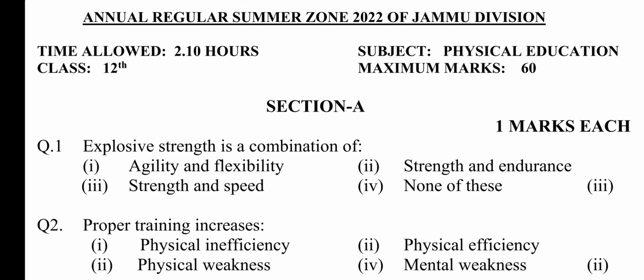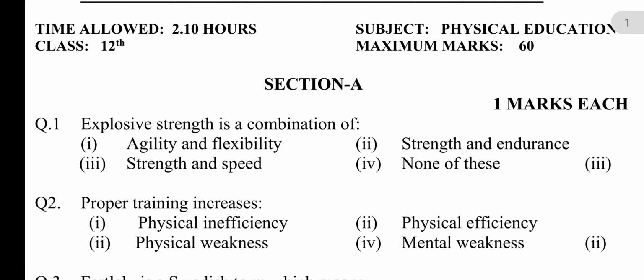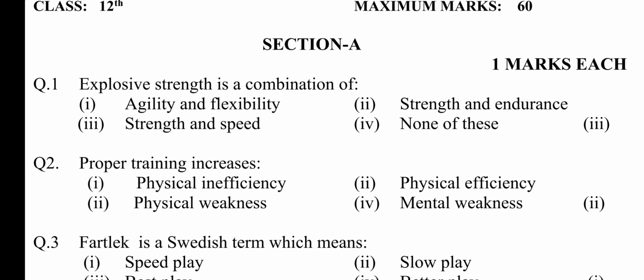Question number 1. Explosive strength is a combination of option first, agility and flexibility. Second, strength and endurance. Third, strength and speed. Fourth, none of these. Answer is option third, strength and speed.